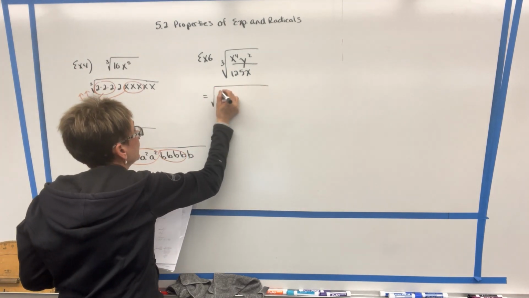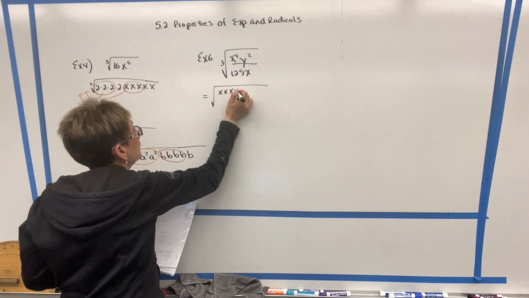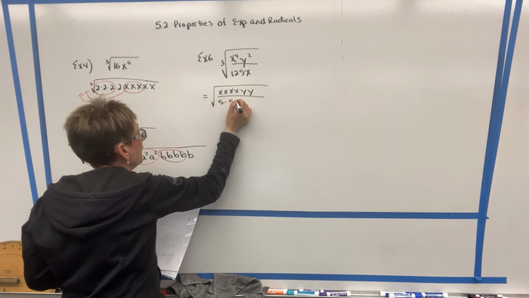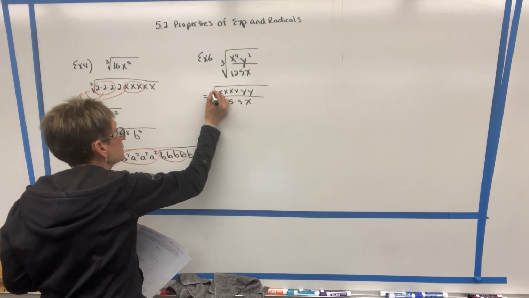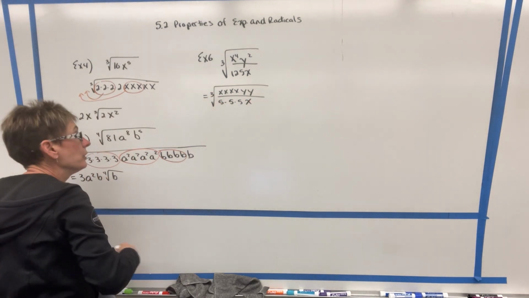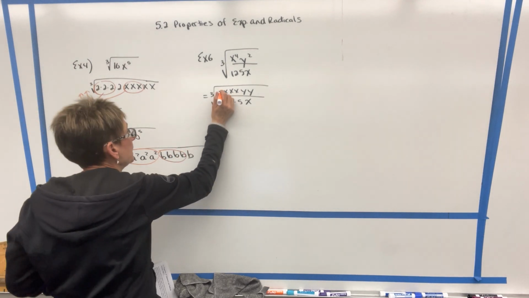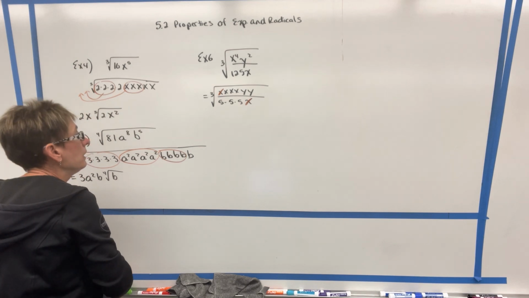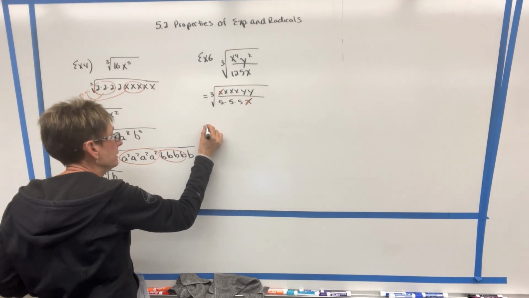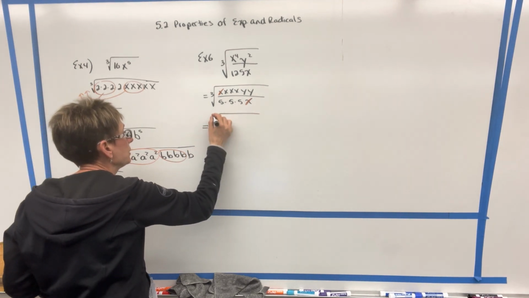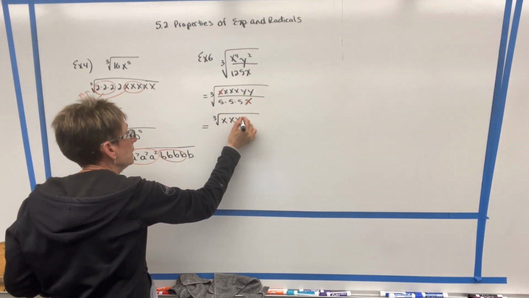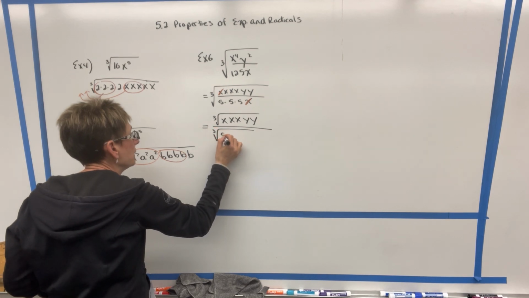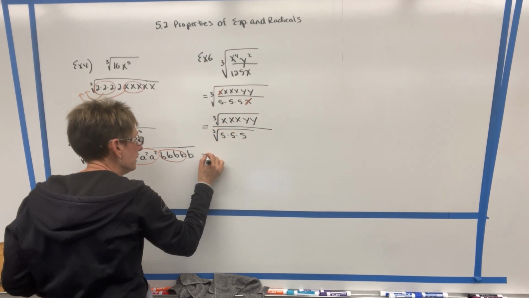Again, let's go ahead and write this out. I've got 4 x's on the top and 2 y's, and on the bottom I have 3 5's and an x, and this is all a cubed root. Notice that one of my x's cancels. An x on the top cancels with an x on the bottom. Then I can rewrite this problem as the cubed root of 3 x's and 2 y's here, and then the cubed root of 3 5's there.